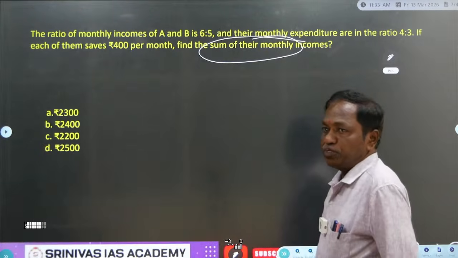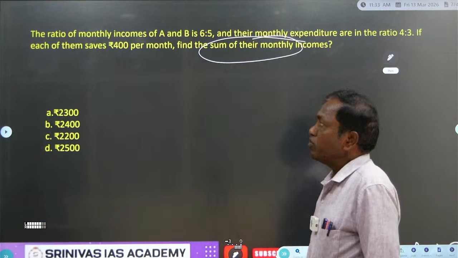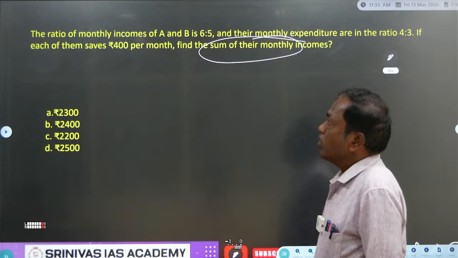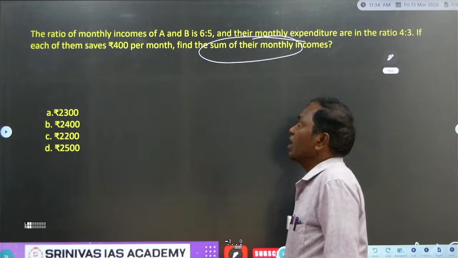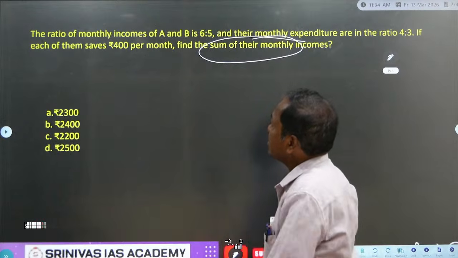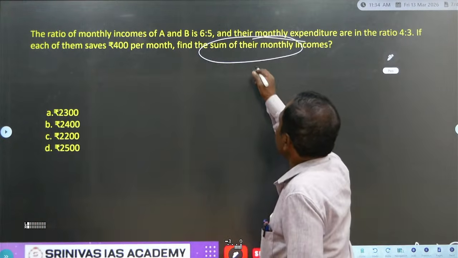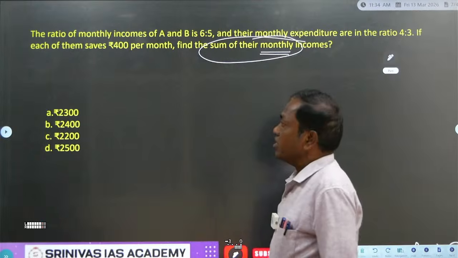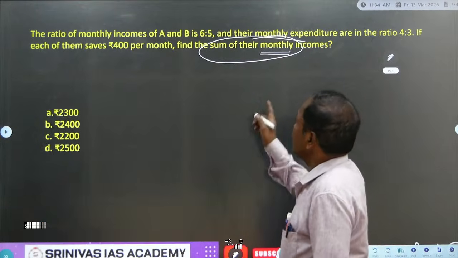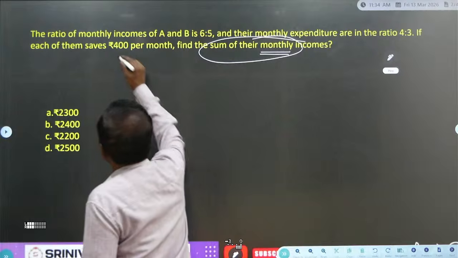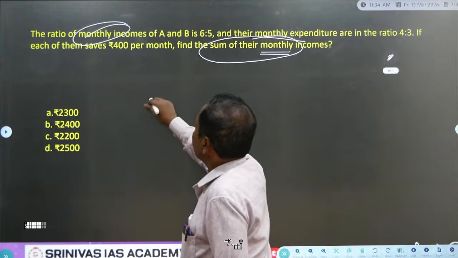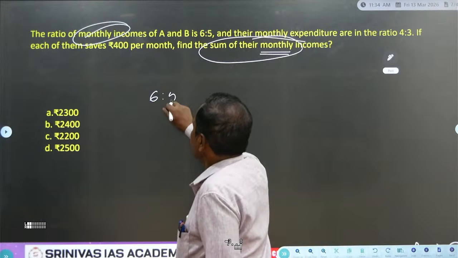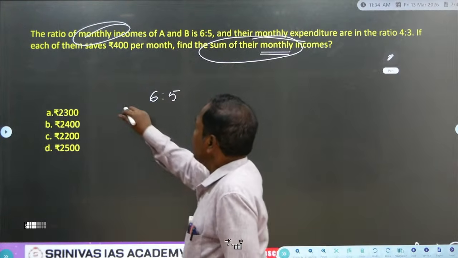Now you read this question properly and note down the information that is given in the question. The ratio of monthly incomes of A and B is 6:5. Sometimes they ask for year; here it is monthly.